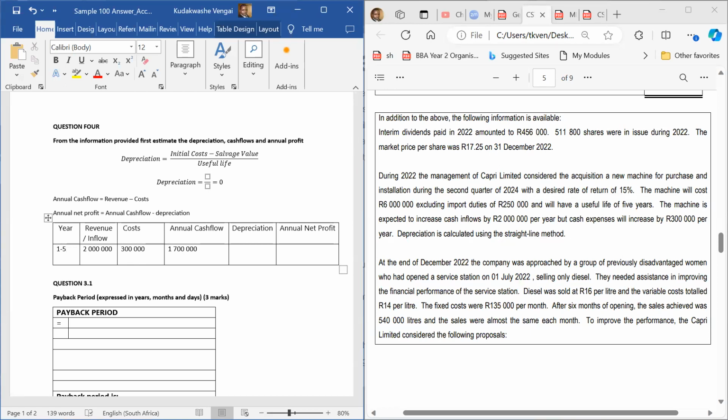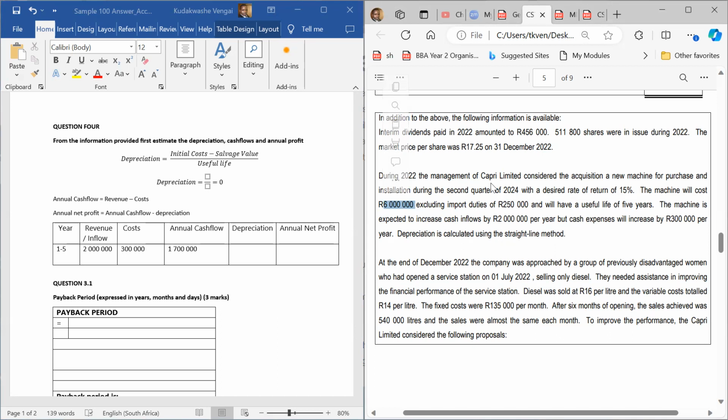But the question then is, how much money did we invest within this particular project? The money that we've invested is going to be the 6 million, which is the cost of the machine, plus the import duties.